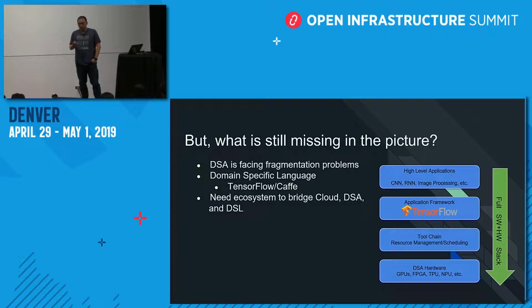And this creates fragmentation. We also have domain-specific languages running on top of it. Basically, they are the TensorFlow or Caffe that developers use to write their AI models, right? And then we need an ecosystem to bridge all of these things: cloud, DSAs, and DSLs.